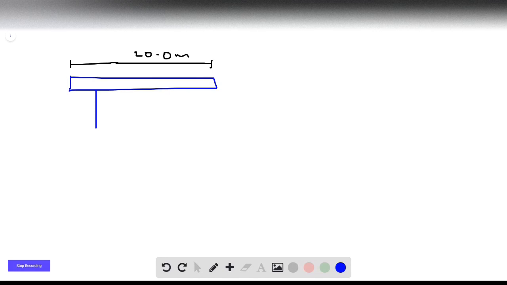The first one, we're going to call wall A, and then the second one is wall B. Wall A is a distance of 3 meters from the left edge, and that left edge, we're going to call C. This is wall B. And then the right edge, we're going to call that D.